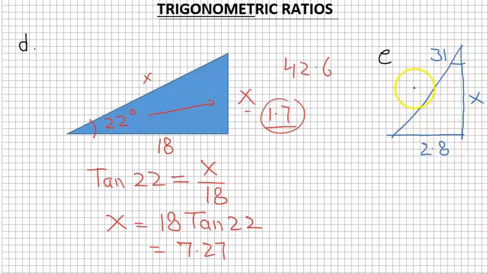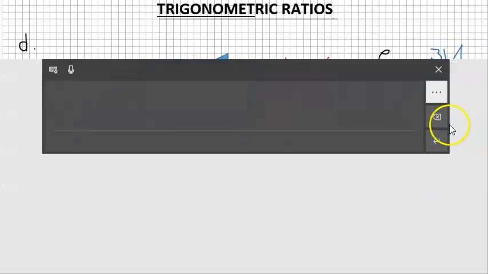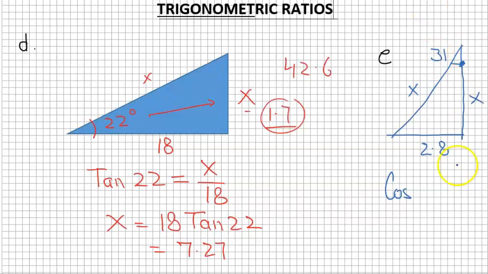Now here you can see that the hypotenuse is not given. The angle is touching this, so cos 31 is equal to, where is this figure?